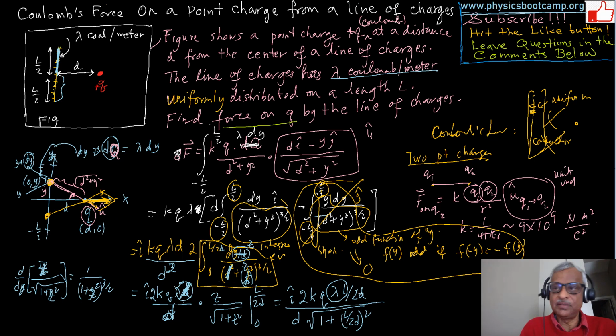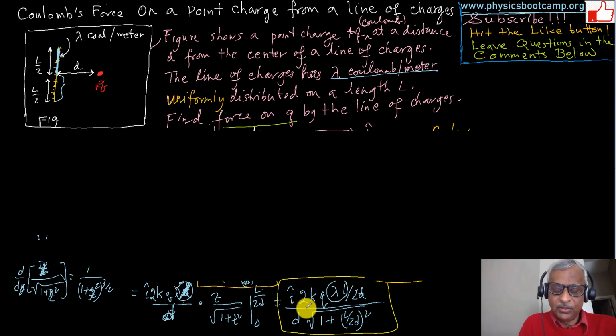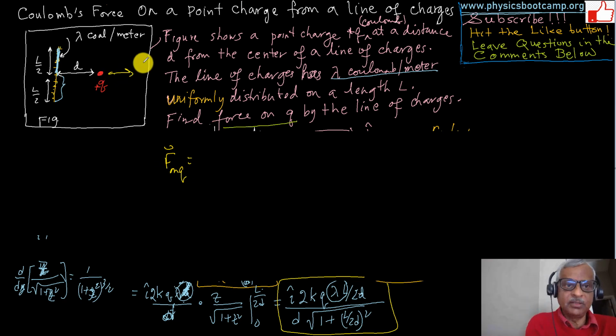Let me erase this and explore a little bit the consequence of this. Let's look at it a little more closely. So the F on q is all along this direction, which we'll call i hat. We have 2k q, and let's call this capital Q, the net charge here.